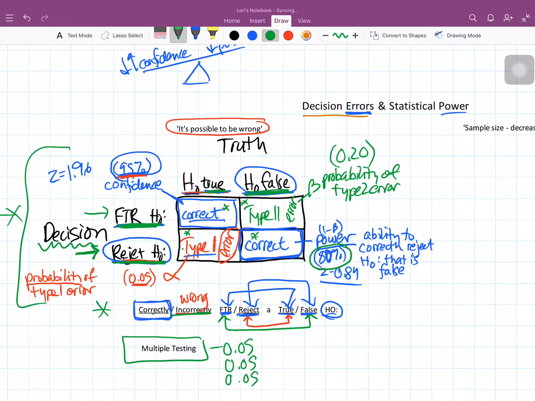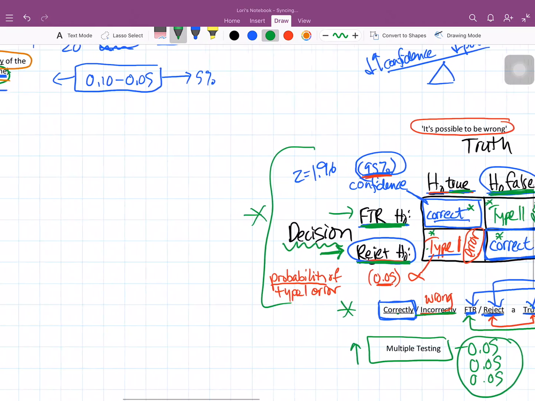But what happens if you're doing multiple testing is that your type 1 error goes up. And so intuitively, that makes sense. It's not exactly proportionate to the amount of possible error that you have for each one of those tests. The math behind it is a tiny bit different than that.